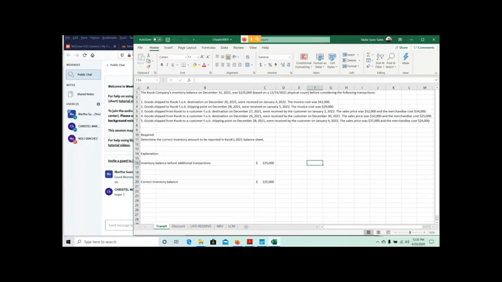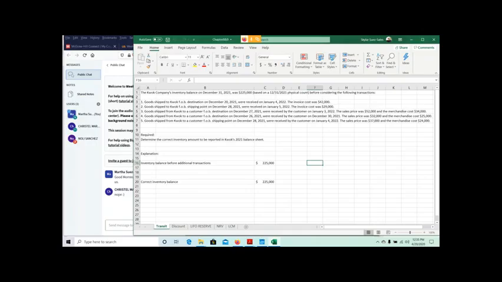And FOB shipping point means that as soon as it leaves the seller's warehouse, the title transfers to the carrier and therefore to the buyer. So that's the buyer's inventory that's in transit. Keep that in mind as we go over the different questions.